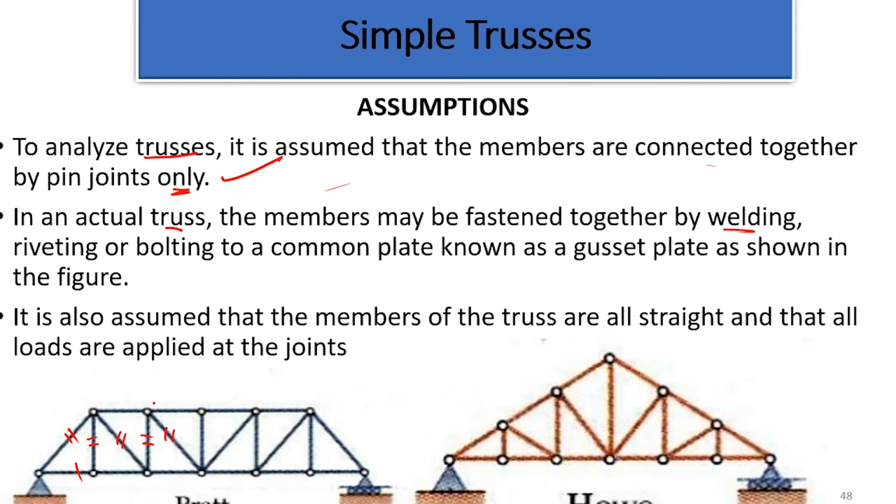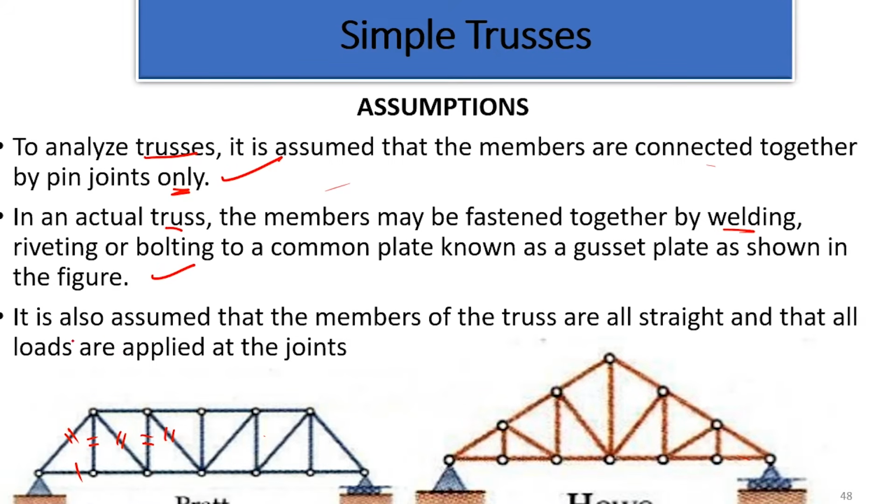Sometimes it can be a rivet, it can be a bolt, it can be welded to fix the joint. But for analysis sake, for calculation sake, we assume that any truss we see is pin jointed. But in reality, there are other ways of making a joint. Established.